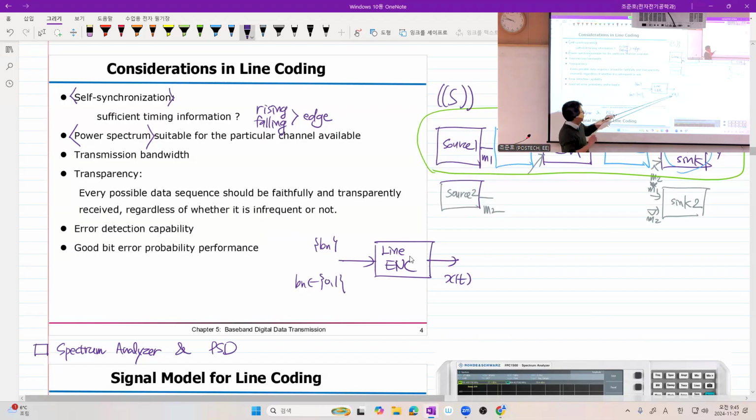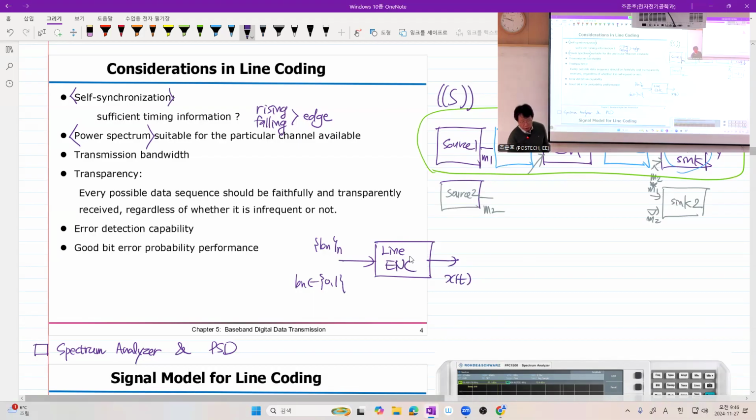Why do we generate continuous time signal? Because we mostly consider radio communication or electrical communication, where voltage and current variations convey the message. So there are many different types of line codes. So even though I say line encoder, even though you have the same input sequence, its output may vary a lot.